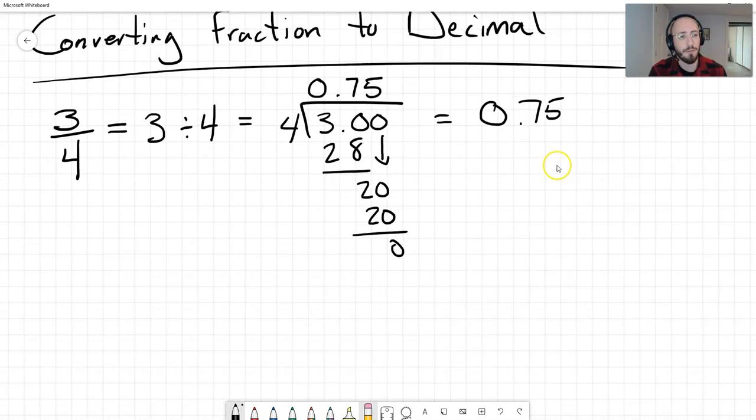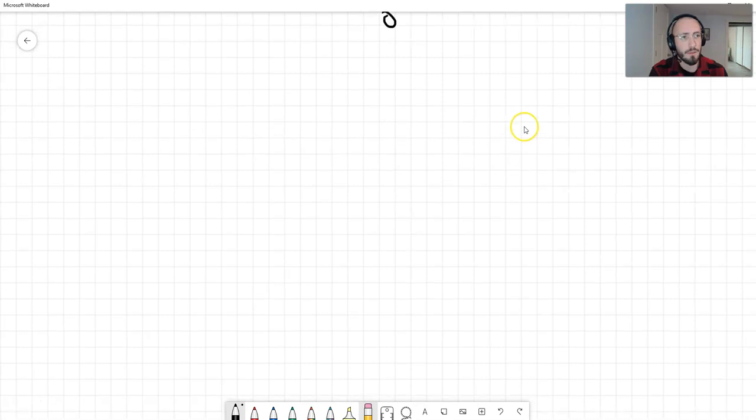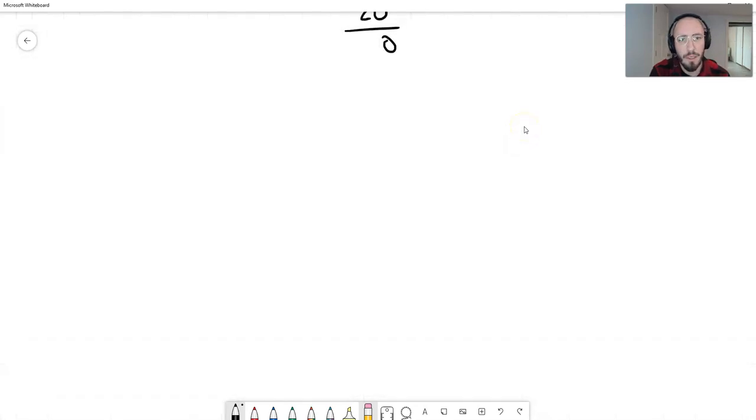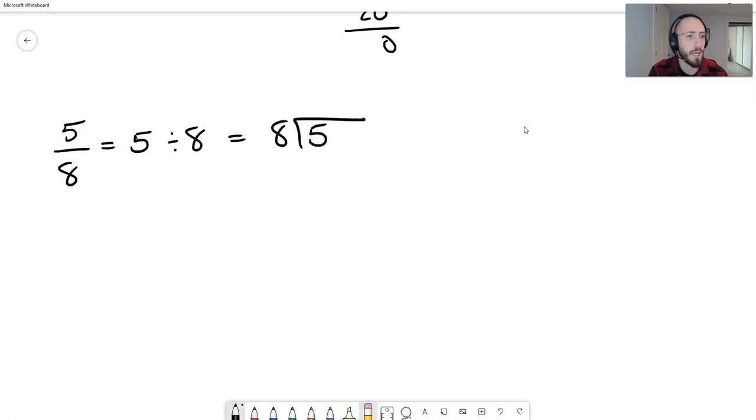All right, let's try a more complex example here. Let's try the fraction 5/8. We remember that 5/8 can be rewritten as 5 divided by 8. So 8 does not go into 5, so we have a 0 there, and we need to add some zeros as placeholders.